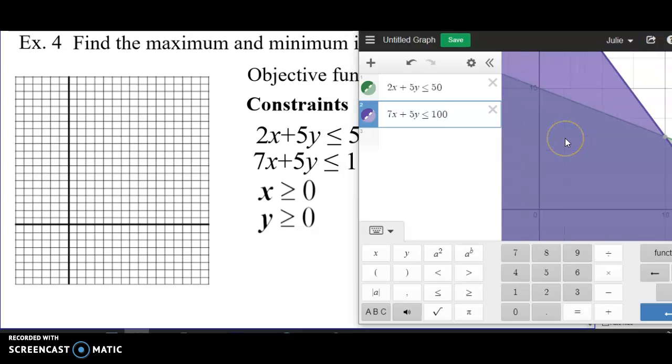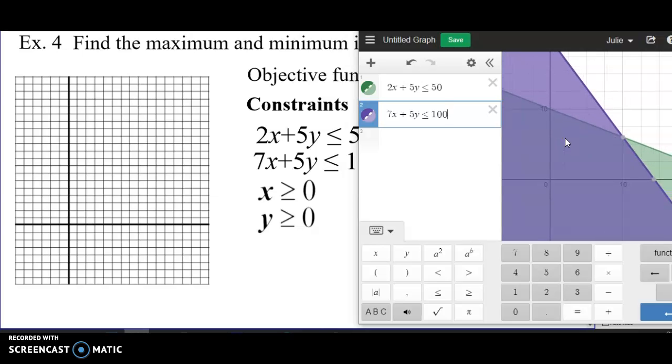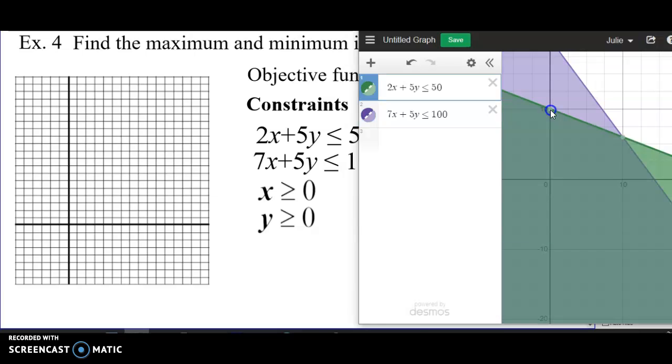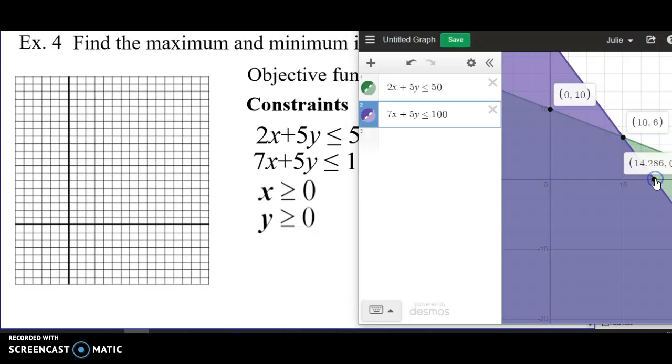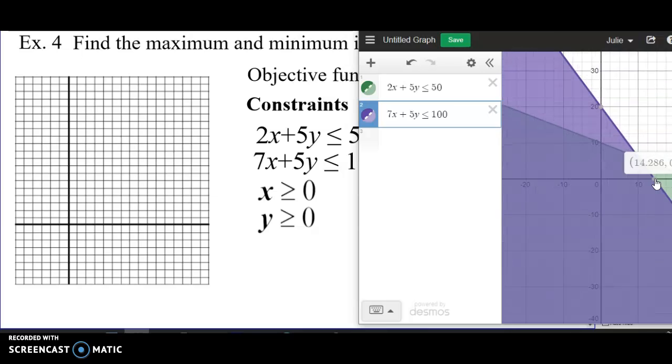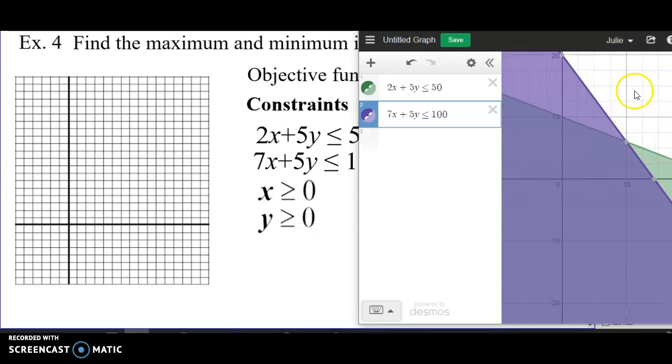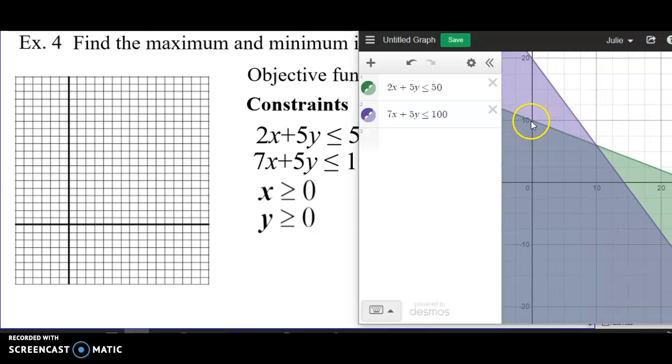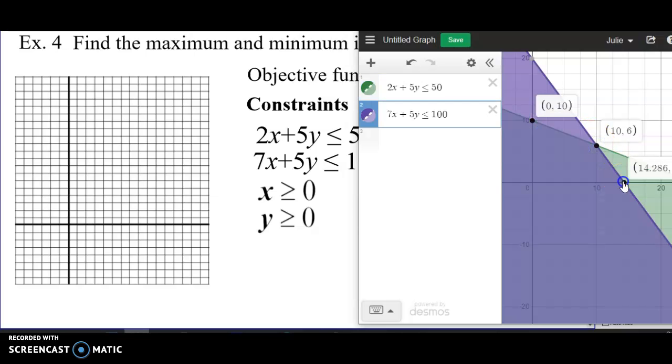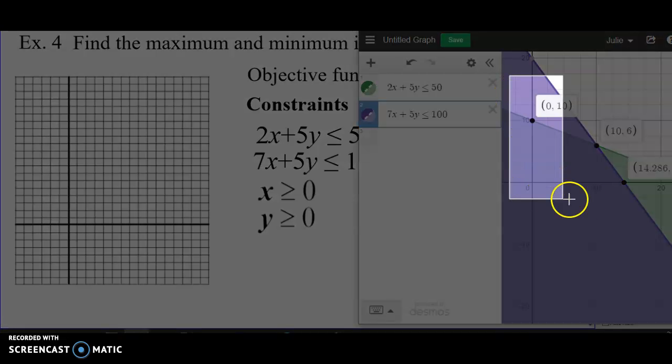Okay, so I'm going to have to maybe shrink that down a little bit. Okay, so I've got a point at 0, 10, I've got a point at 10, 6, and a point at 14.286. I made it shrink. I just wanted to move it over, really. Okay, and then I can screenshot this in a second. And so let's put that all together.